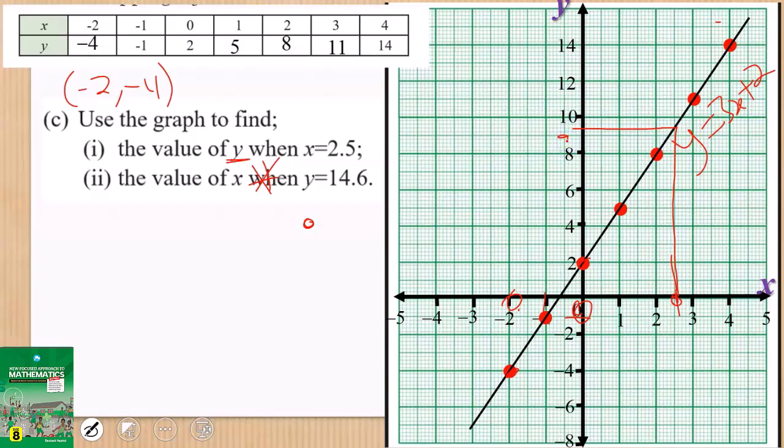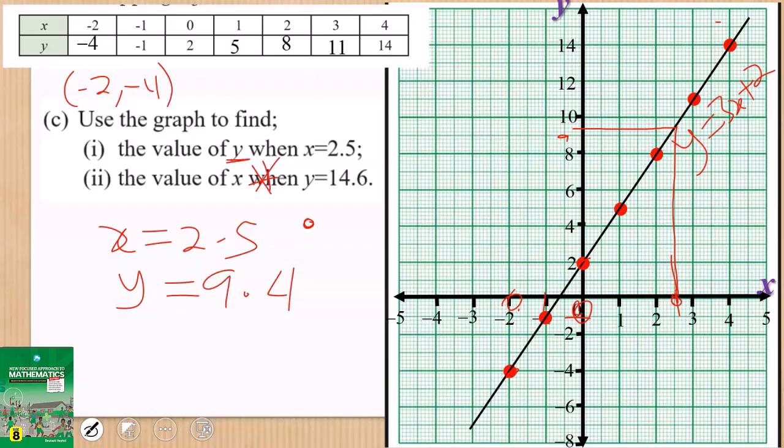Remember with the 2 to 2 unit scale, every small line is 0.2. So that gives us 9.4. So when x is 2.5, y is equal to 9.4.